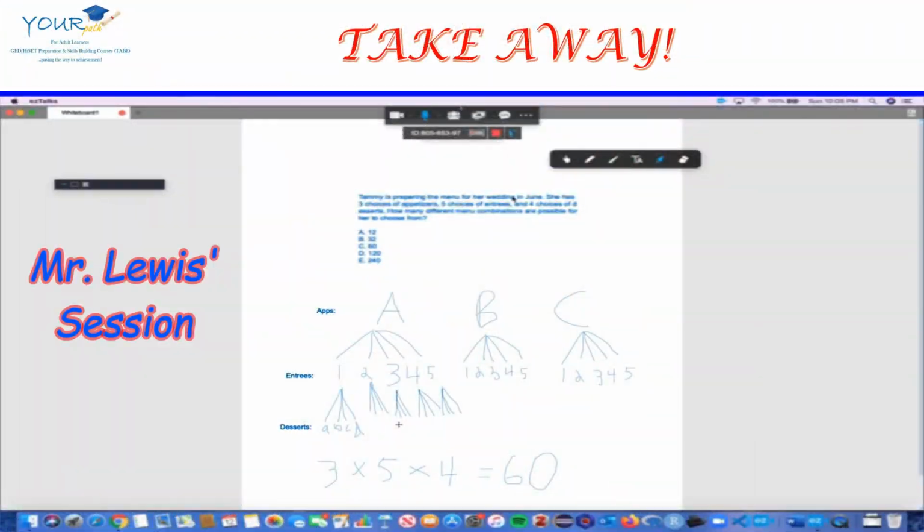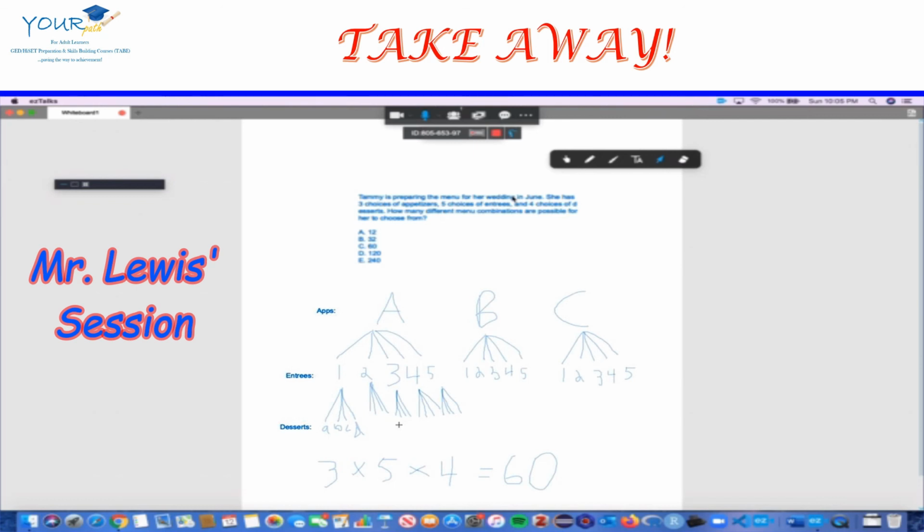Hi everyone, this is Lewis, and I'm here to talk about the takeaways from this math problem. For test taking strategies, when we first see this problem, we want to pick out the key points that we have to keep in mind when we solve it. The key points are the numbers that they give us: 3 choices of appetizers, 5 choices of entrees, and 4 choices of desserts.